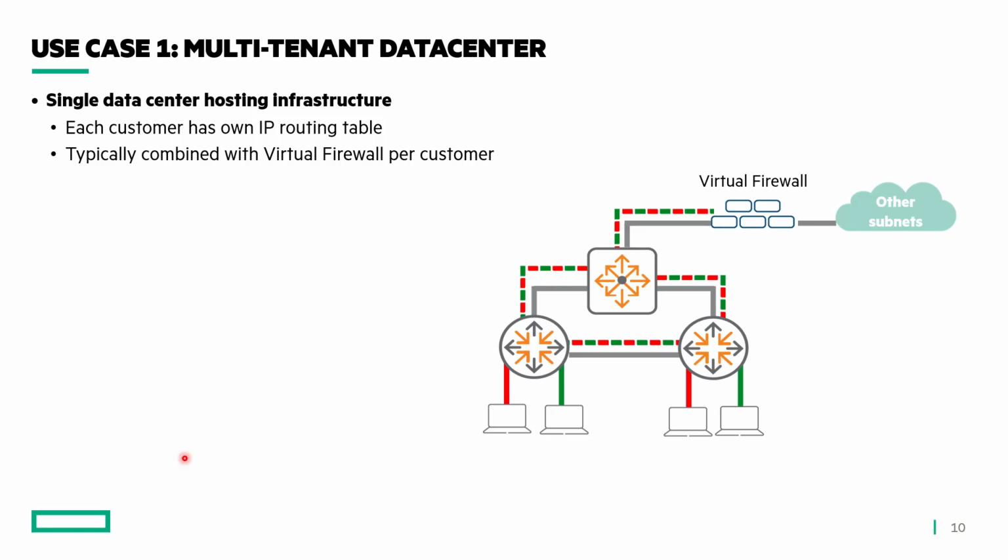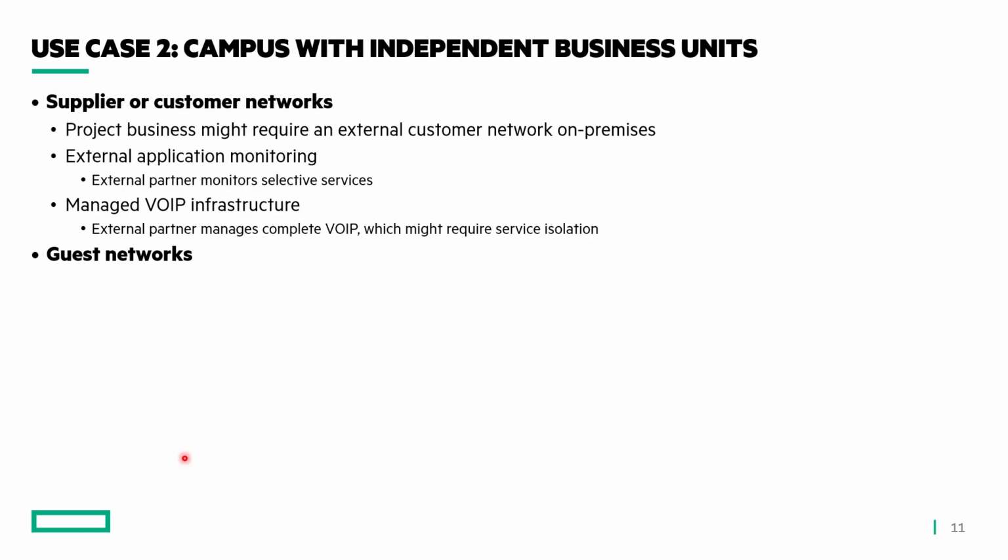Use case 1, we might have a multi-tenant data center. We have multiple customers that use a data center. You then create a complete isolation for each client, and the traffic will be using the same infrastructure, but they are completely isolated.